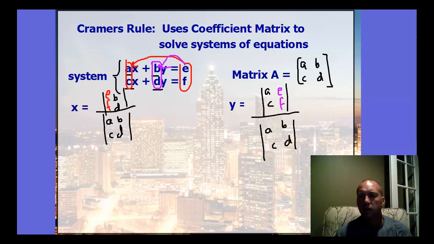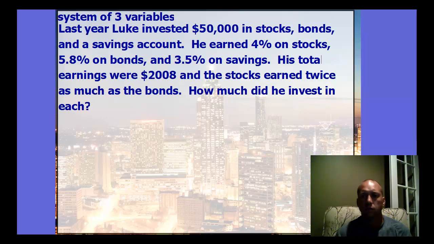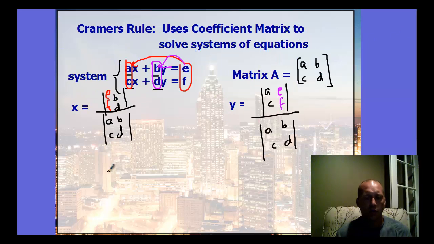And so let's make an example of this. Actually, let's just do one with numbers. If I have the system 2x minus 3y equals 4, and 3x plus 5y equals 2, we'll see what kind of answer we get here.